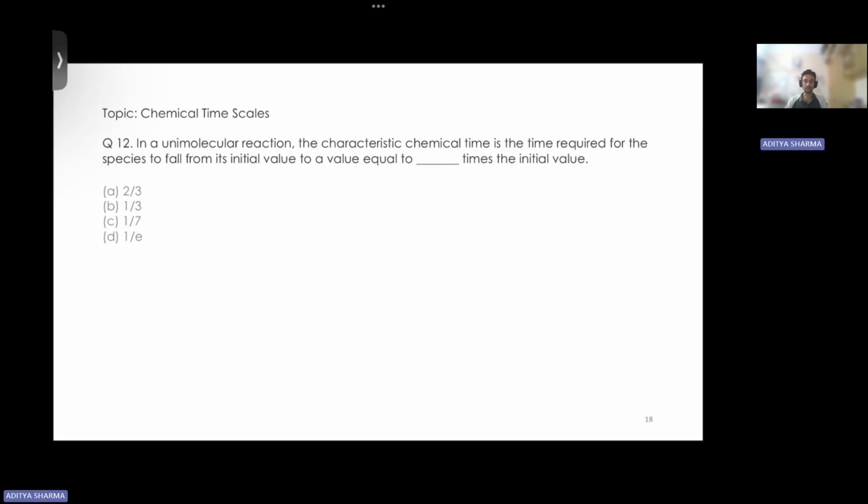on chemical time scales. So please read this question and see which is the correct option out of the four given options.